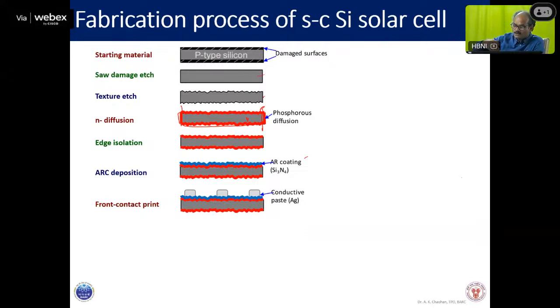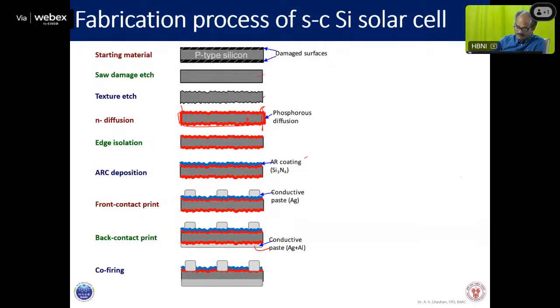Before that you do certain other coatings also, like titanium etc., for making an ohmic contact, and then afterwards the back contact is printed here, and then there is a firing. By that you can remove that part, and with co-firing you get this kind of thing.